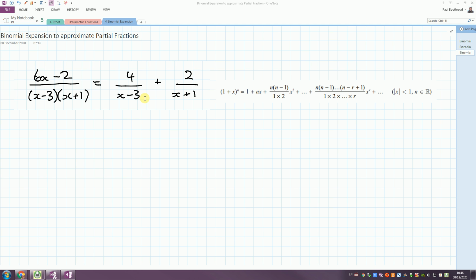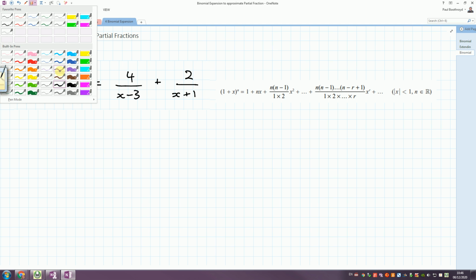The sort of thing they might ask us for is to expand to find the x cubed term for the expression on the left.